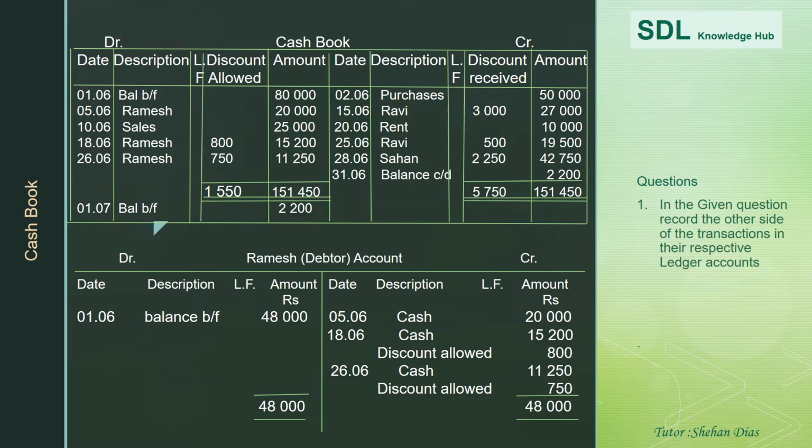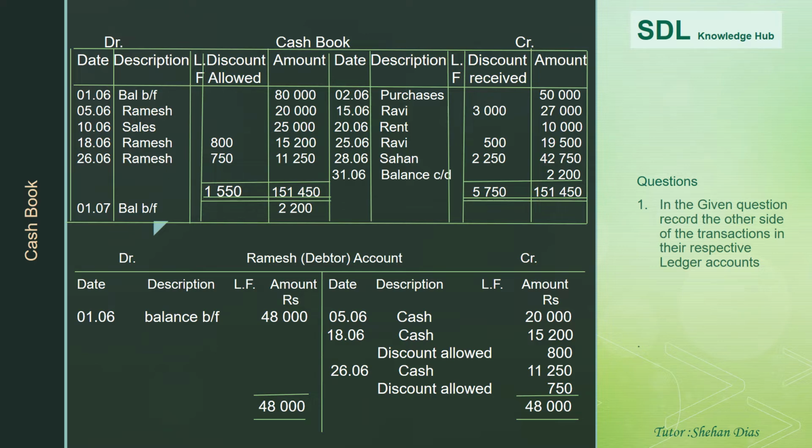On 2nd June, bought goods for cash 50,000. So cash reduces. On the credit side of the cash book, state purchases 50,000 on 2nd June, and now also open the purchases account and debit it for 50,000.